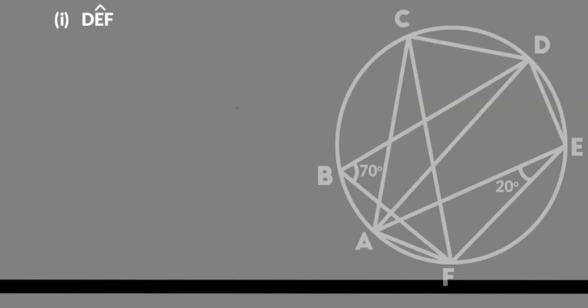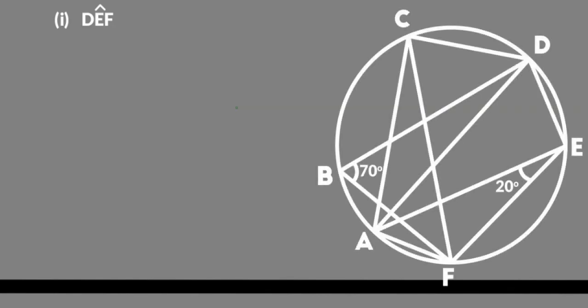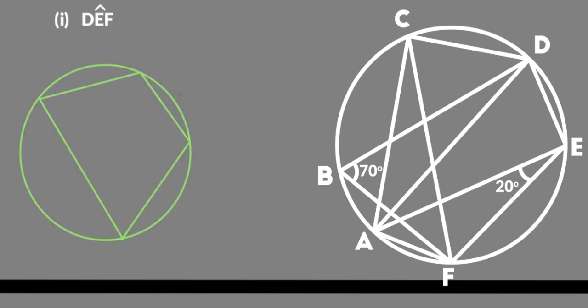In the next question, we're asked to find angle DEF. Pay particular attention to the angle we have been asked to find. Angle DEF. What I want you to do is look at the diagram on screen. If we label it, we have D, E, F, and so we're required to find the angle that is situated here.